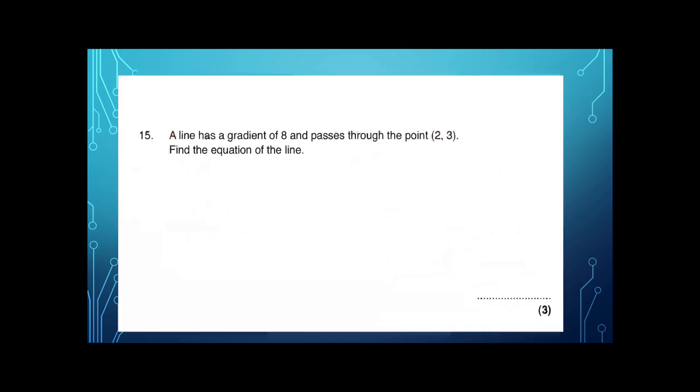A line has a gradient of 8 and passes through the point 2, 3. Okay, so we can say y is equal to mx plus c. We know that the m is 8, so y is 8x plus c. We need to find the value of c. And we do have a relationship between x and y.